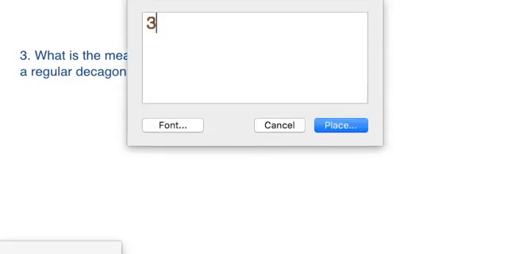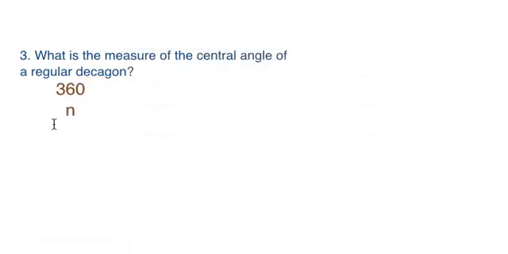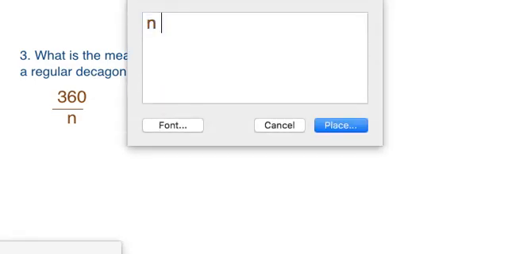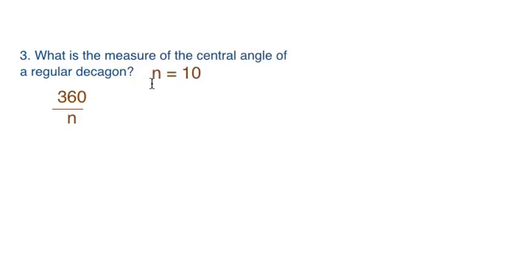I use my formula. 360 over n is my formula for the measure of the central angle in a regular polygon, right? And if I'm dealing with a decagon, I have to say to myself, well, what is n in a decagon? The answer is that n is 10. Right? My decagon's got a 10-sided shape. So I got to go back to my formula.